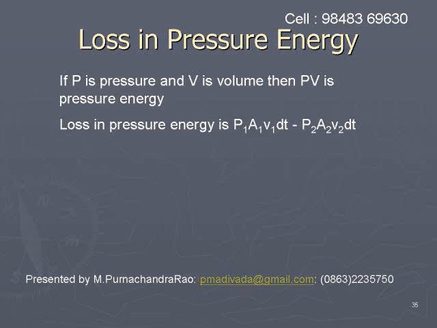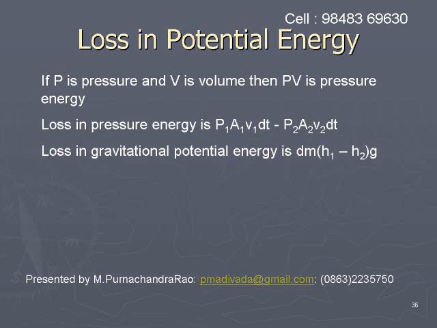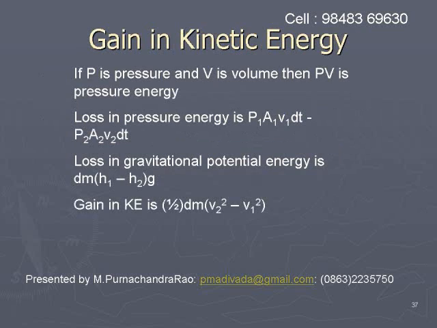The pressure energy at cross section A2 is P2 A2 V2 dt. Hence, the loss in pressure energy is P1 A1 V1 dt minus P2 A2 V2 dt.